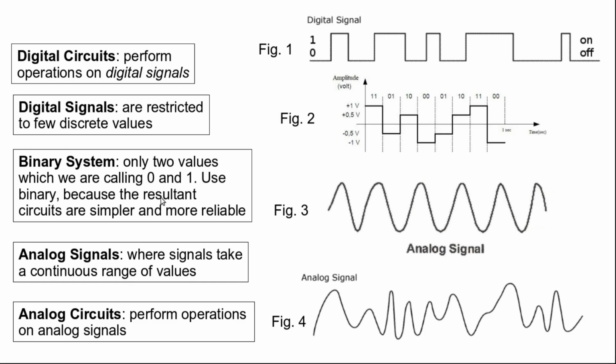It is because the resultant circuits that we build are simpler and more reliable, and that is the reason for opting for binary systems. Maybe we can build a circuit which uses a signal with 4 different levels, but the circuit may be a little bit more complex, so having a binary system makes it simpler.